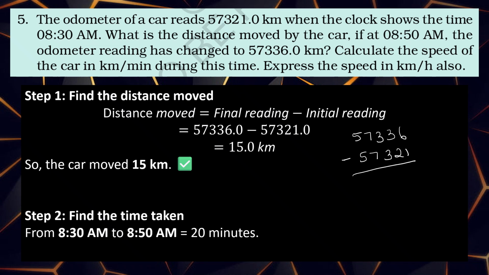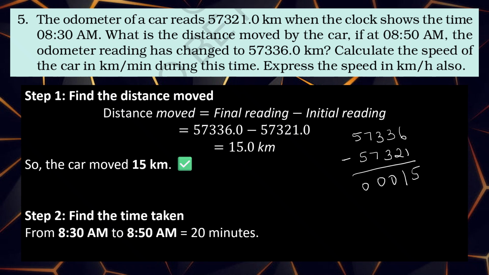Subtract. 6 minus 1 is 5, 3 minus 2 is 1, 0, 0, 0. Because 3 minus 3 is 0, 7 minus 7 is 0, 5 minus 5, 0. You get the answer. 15 kilometer is the distance moved. The car moved distance is 15 kilometer.